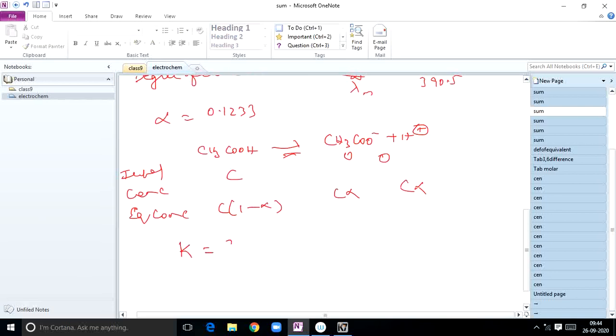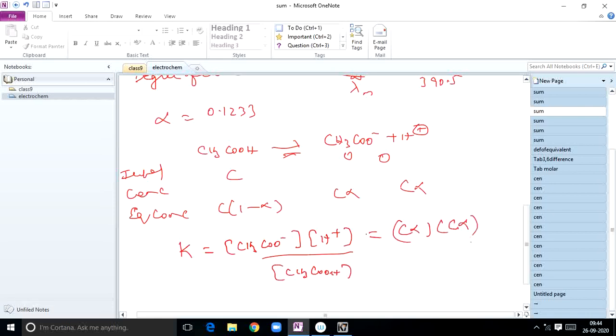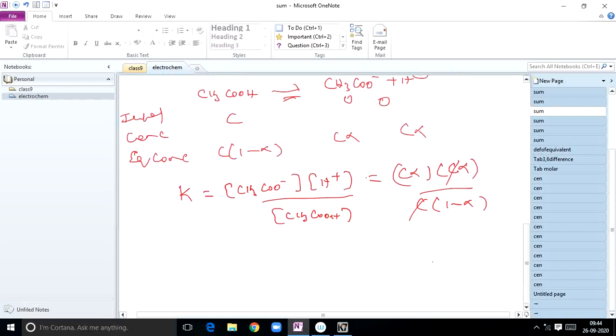K is equal to concentration of acetate ion into concentration of H plus ion divided by concentration of acetic acid. Substitute C alpha into C alpha by C into 1 minus alpha. Cancel this, and finally the equilibrium constant expression K is equal to C alpha square by 1 minus alpha.